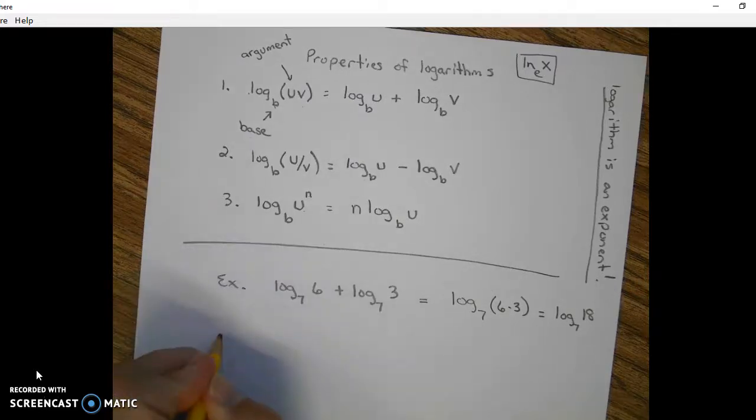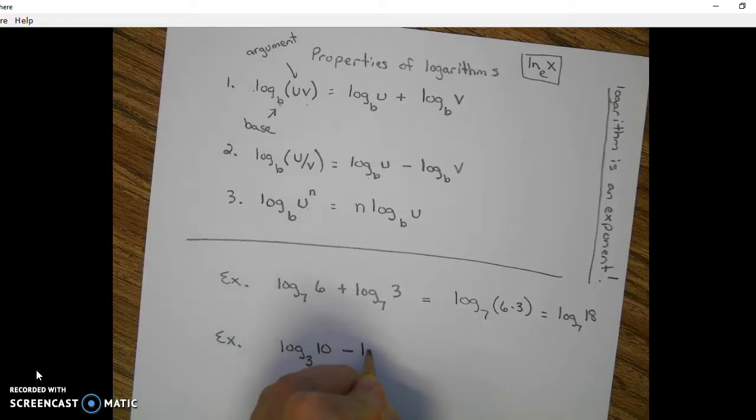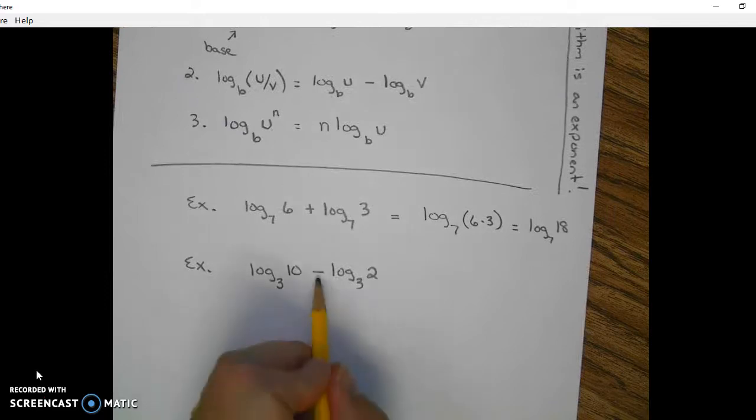Okay, let's look at another example. This time we have log base 3 of 10 minus log base 3 of 2. So here's your clue: subtraction.